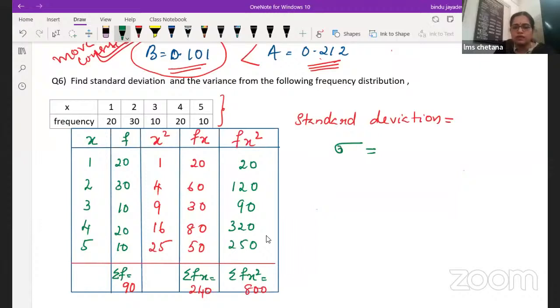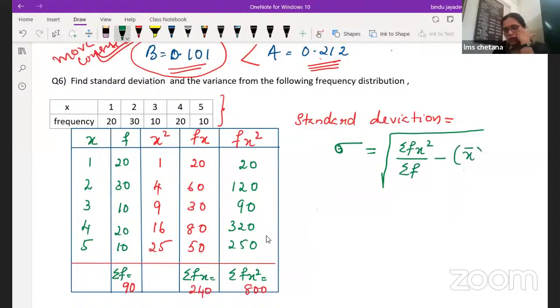This is small sigma, equal to root, a big root, of sigma FX square divided by sigma F minus x bar the whole square. Therefore, this is your formula. Remember, the root is the entire root.